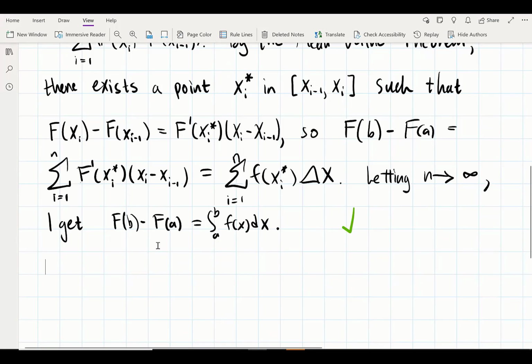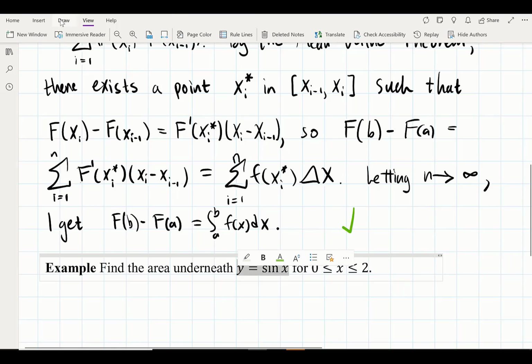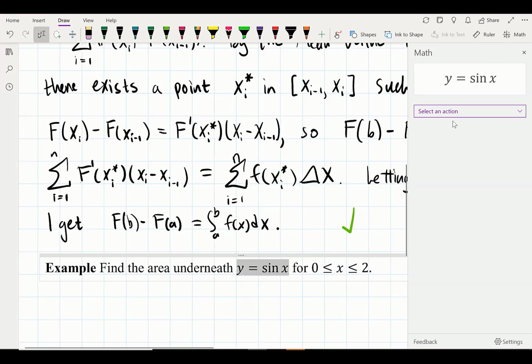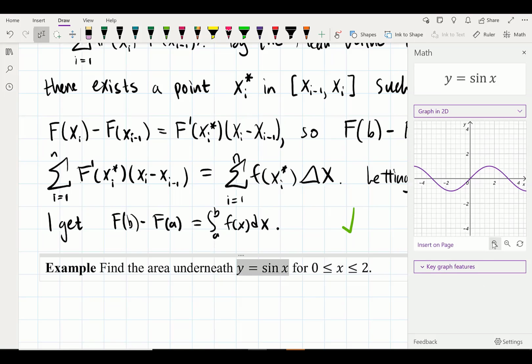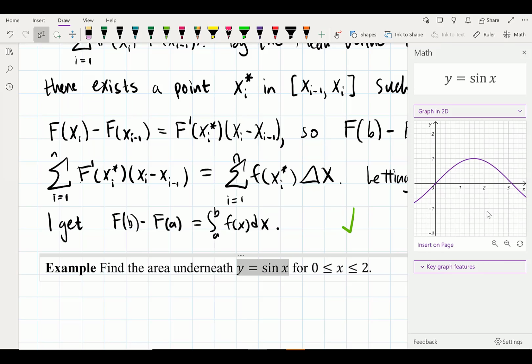Let me now show you some examples. Let's find the area underneath y equals sine x for x between 0 and 2. And graphically, there's the graph of sine x.